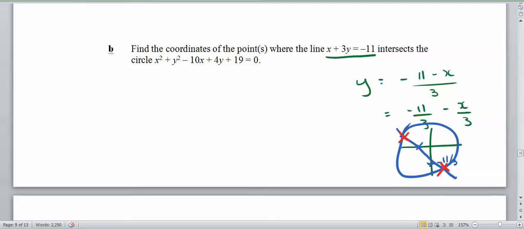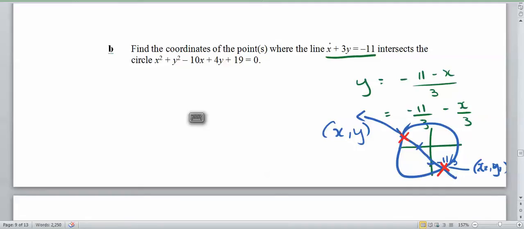Now, first of all, if these are points of intersection, what do you notice about them? They have the same x coordinate and the same y coordinate for both. Same over here, we have the same x, we'll call that x2, y2. They're both the same for both of those things.